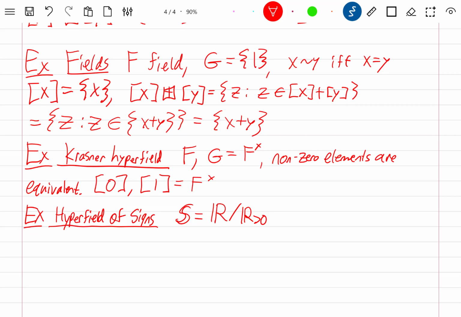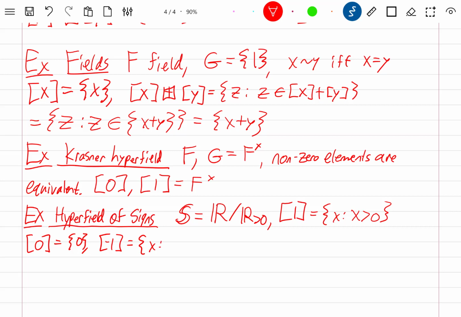When we think about what this equivalence relation says, the equivalence class of 1 will be all the numbers greater than 0, because they have to differ by some positive element, so you get all the positive real numbers. We know 0 has to be 0, and then -1 will be -1 times all the positive real numbers, so this will give us all the negative real numbers.